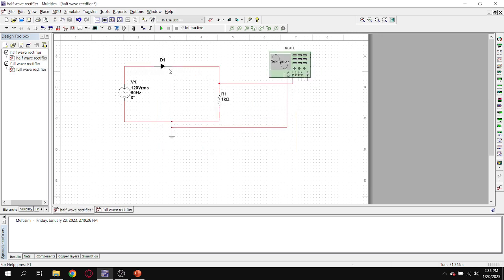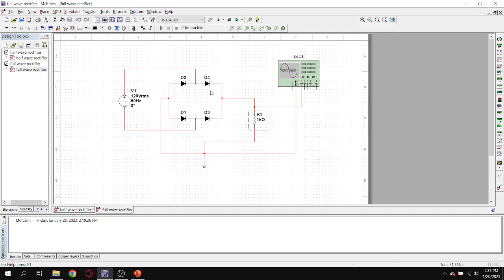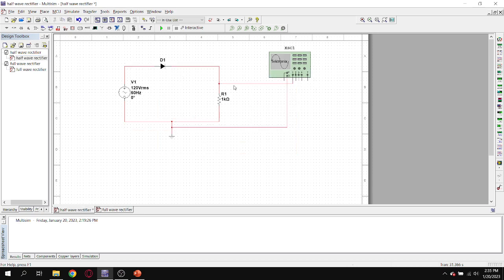The half wave rectifier has only one diode, while for the full wave we have connected 4 diodes, and we also have a Tektronix oscilloscope. We will connect it to the load, which is a 1 kilo ohm resistor. So we're going to run it and see the result in the oscilloscope.